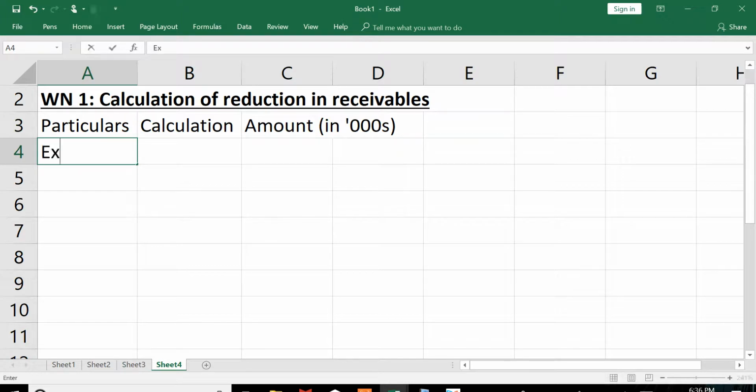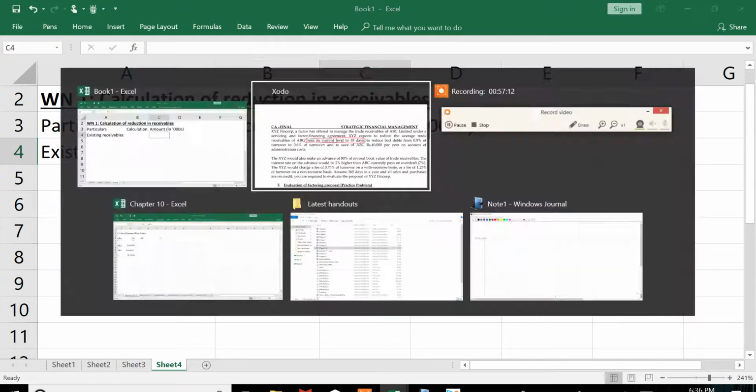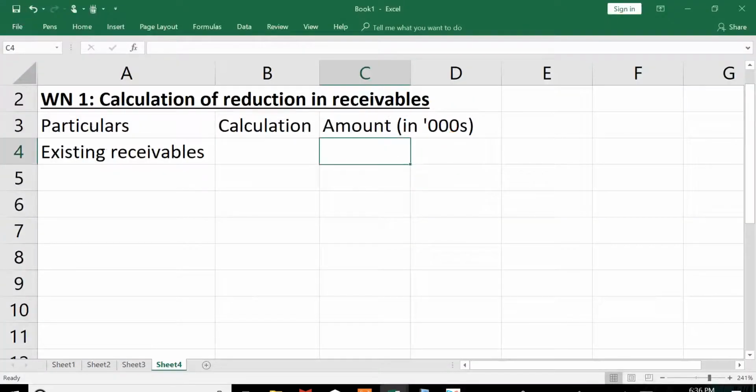Point number 1, existing receivables: 3,500.